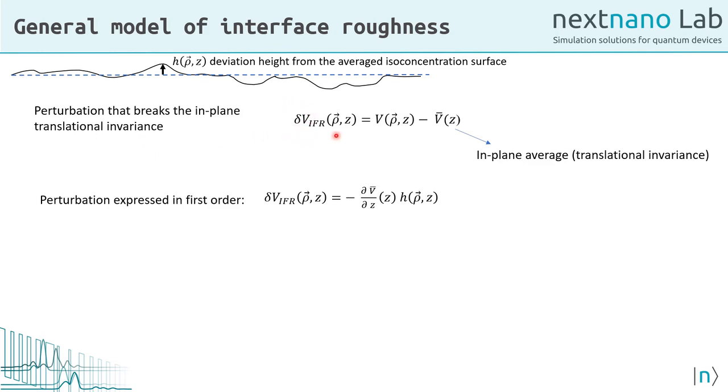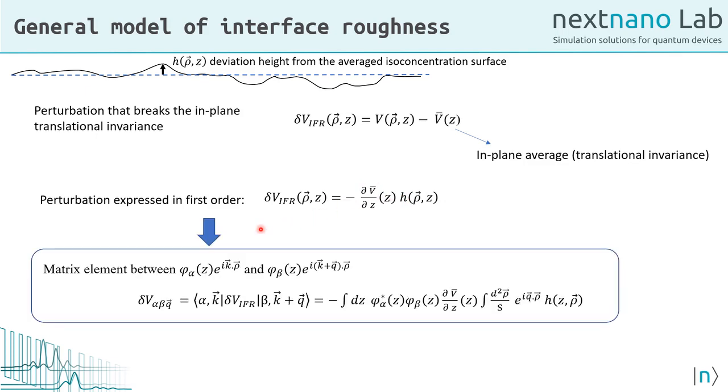So this delta V is given by the difference between the actual potential profile minus the in-plane average potential, which is translationally invariant and which doesn't induce scattering. If we linearize this term at first order, we can express it as a function of the derivative of V, of the potential, times h, the height deviation.